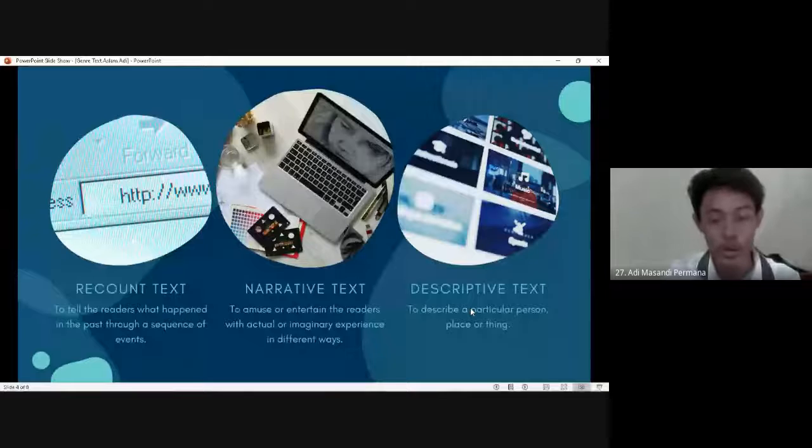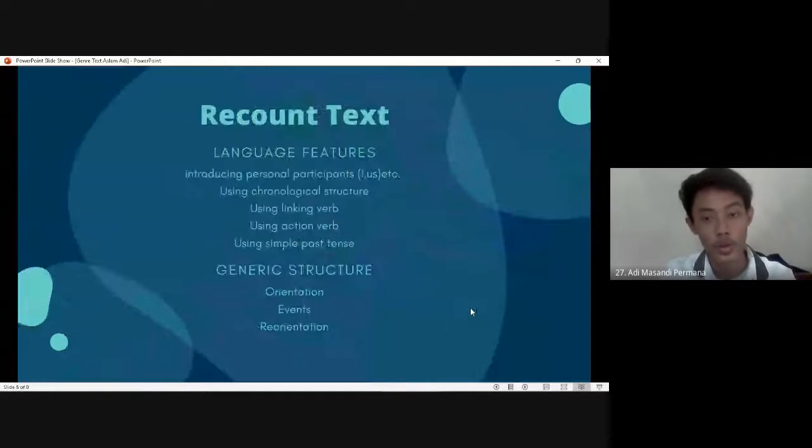So amuse or entertain the readers with actual or imaginary experience in different ways. So it's basically storytelling. And I think narrative text is the most interesting to actually read.